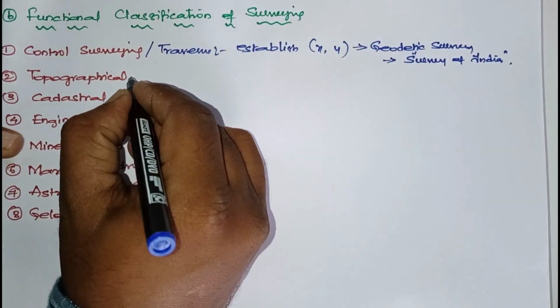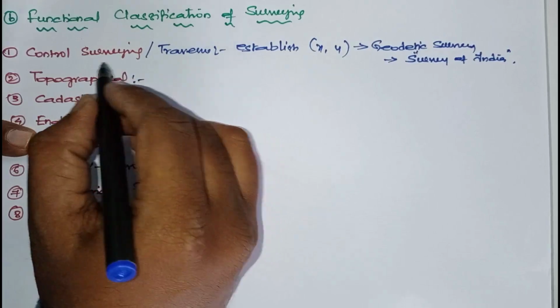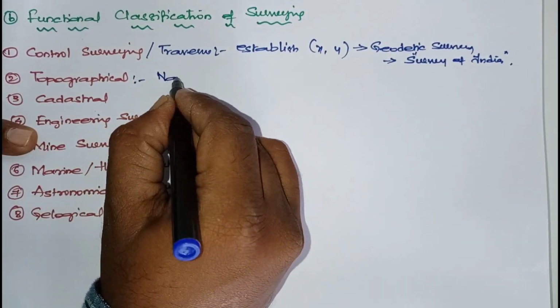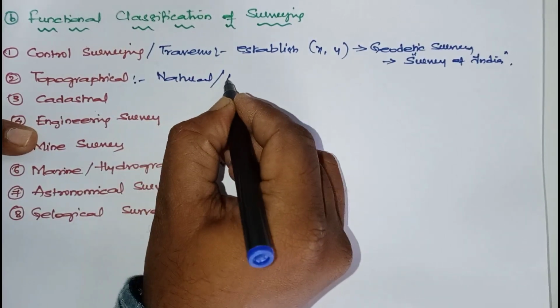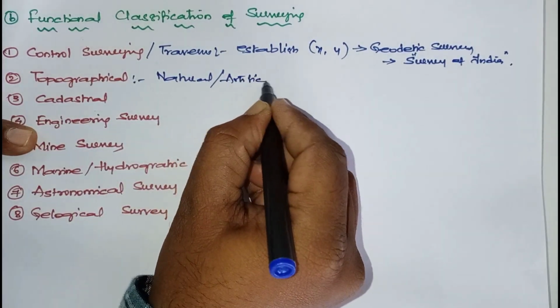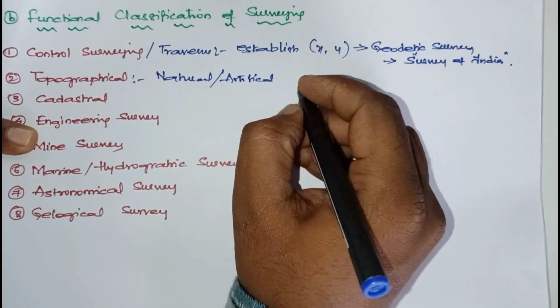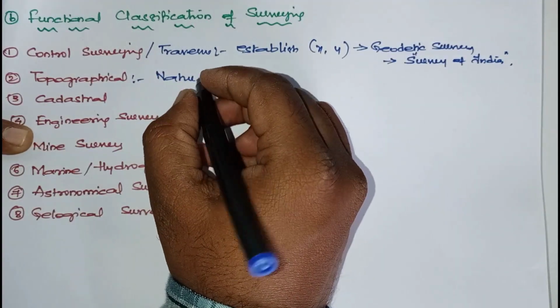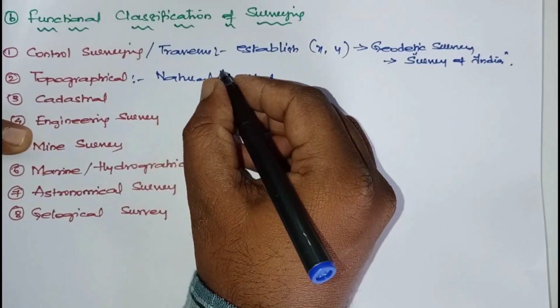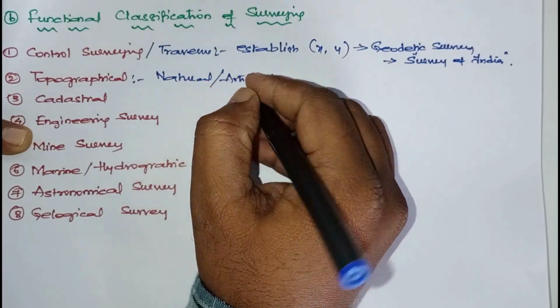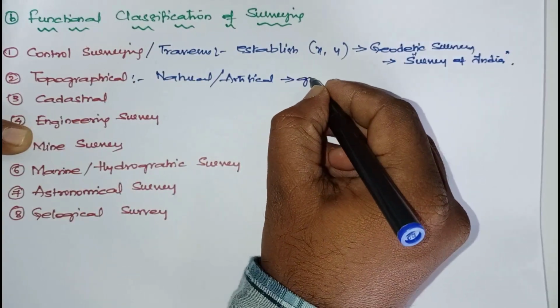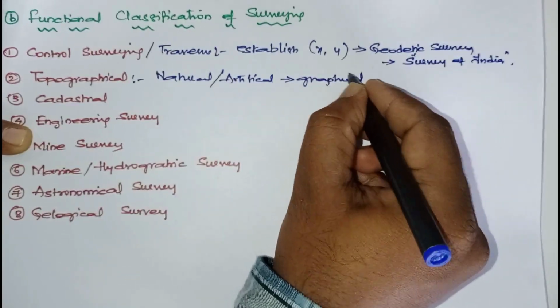Next, topographical. As I said, topo means many features, natural or artificial. Artificial means canals, roads, railway lines. Natural means lakes, streams, hills, forest areas, which can be shown graphically in one map.